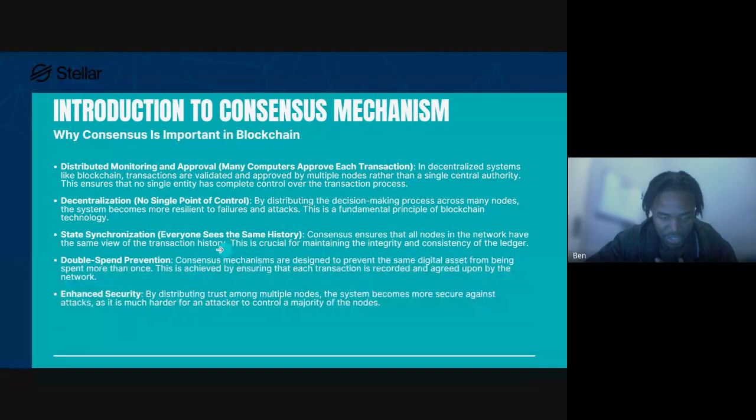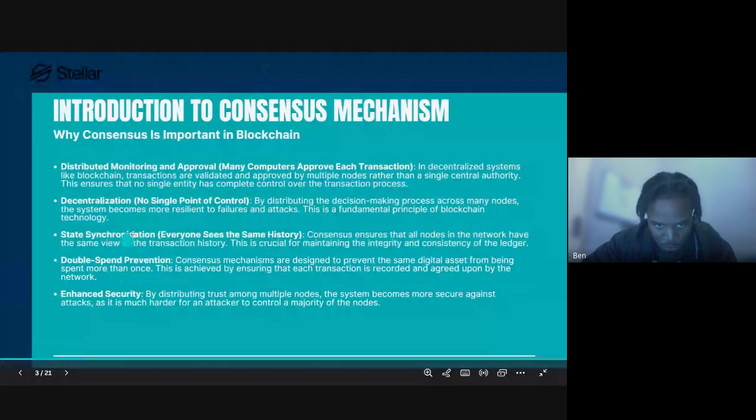Let's say you have 100,000 nodes running, and even if you destroy almost all of them and you stay with 50, or even just two of those nodes, those two nodes still have a full copy of the blockchain.